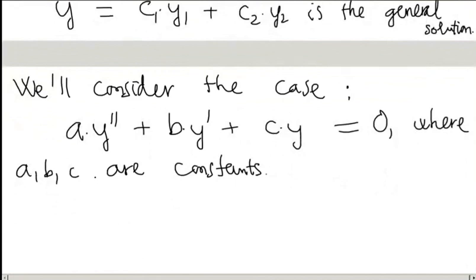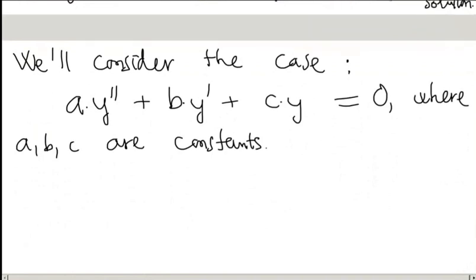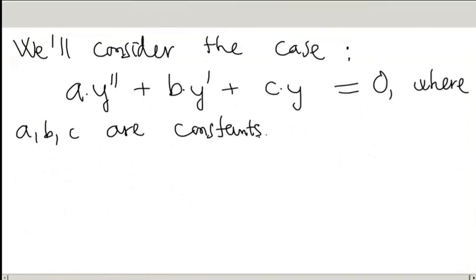We actually saw such an equation before in the very first topic, topic 1. So to determine y1 and y2, the two solutions, we will use the ideas from topic 1.